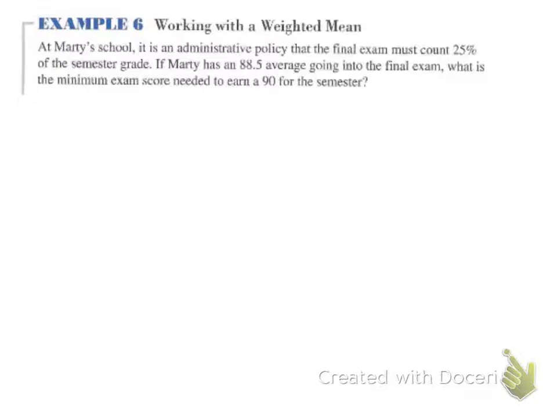So what we want to do is, okay, the final is 25% of the grade. That means 75% is the semester grade, excuse me. Well, I don't want to even say it that way. It's the rest.